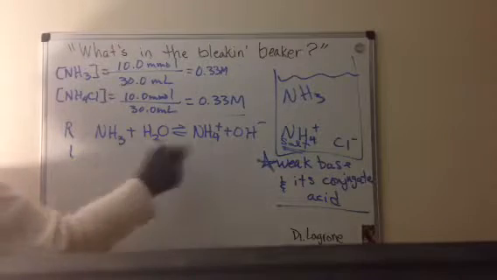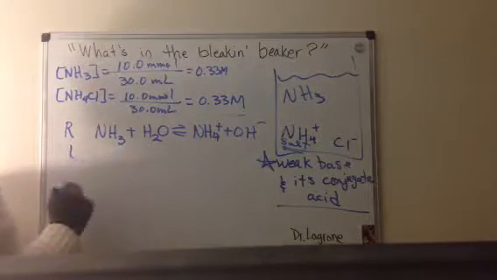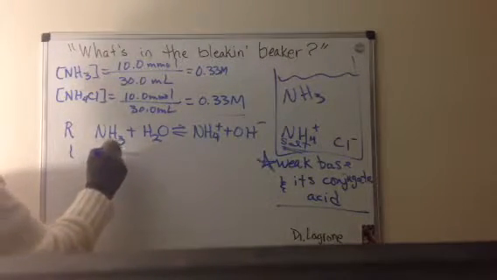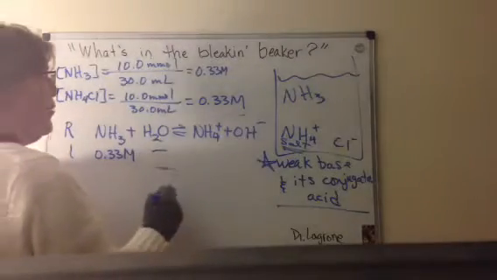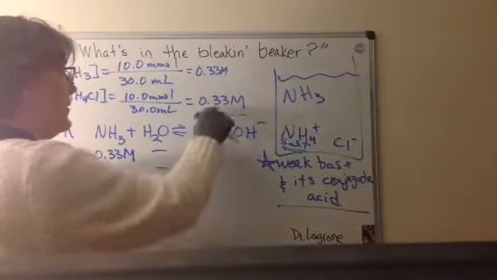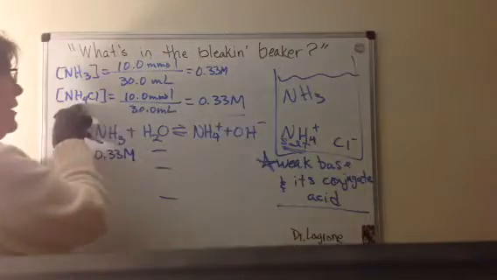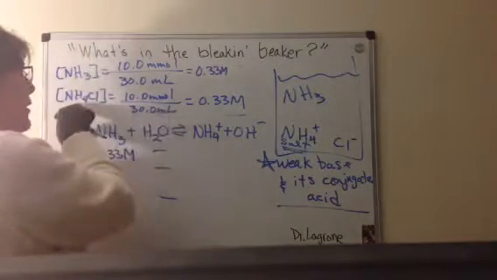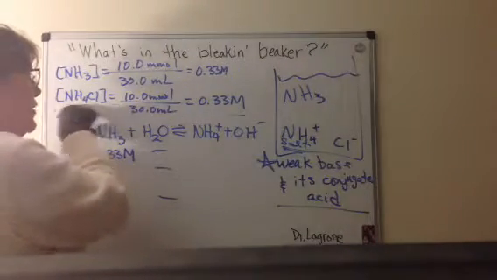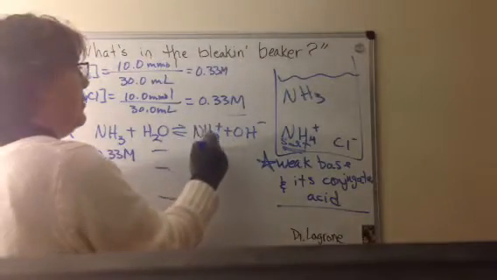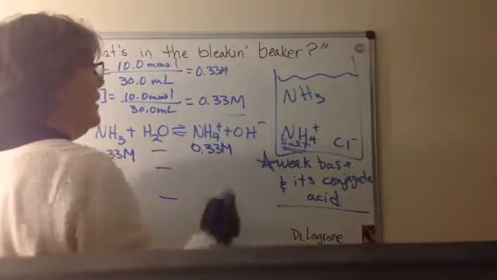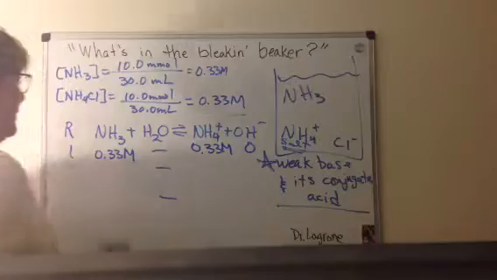Normally we just have the weak base and put 0, 0, but not this time. It's 0.33 molar. Don't care about water. Oh, we don't have 0. We actually have some of this because it dissociates, and for every 0.33 molar of this salt, I get 0.33 molar of that ion. Don't have any hydroxide.